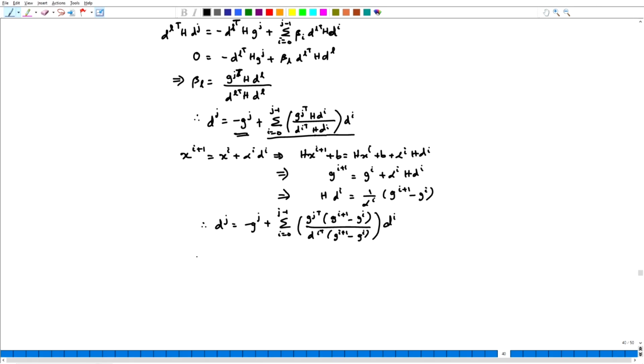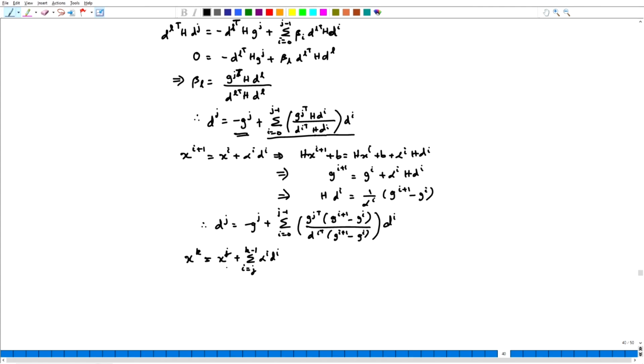So, again we will start with this. x k is x j plus summation alpha I d I, where I goes from j to k minus 1, right.